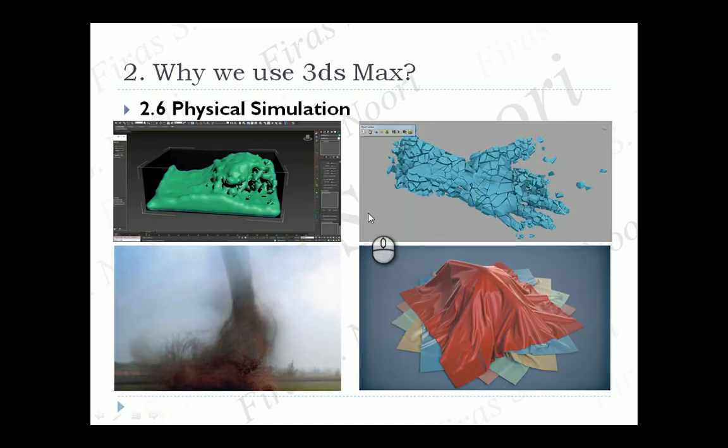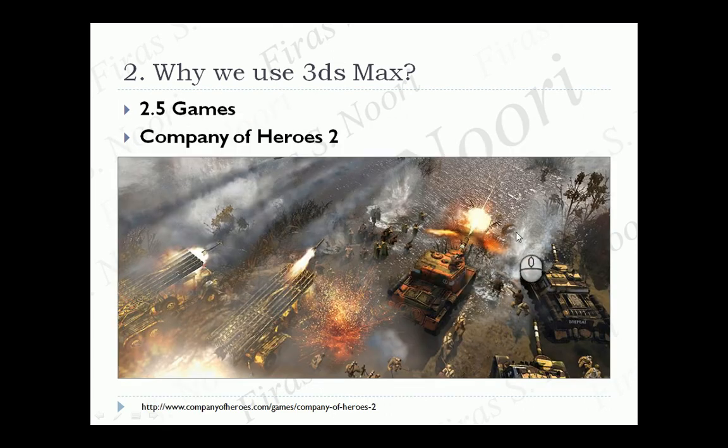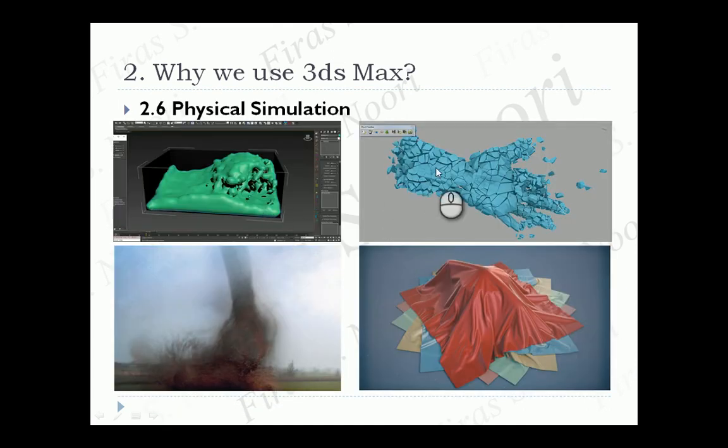So the last thing to be talked about, or the purpose of using 3D Max, is physical simulation. As we see from the Company of Heroes images, you can make any kind of splash, any kind of simulation, a physical simulation for water. As you can see here, the water jumping up with each shot it falls on. Things breaking down, twister, any kind of destruction.